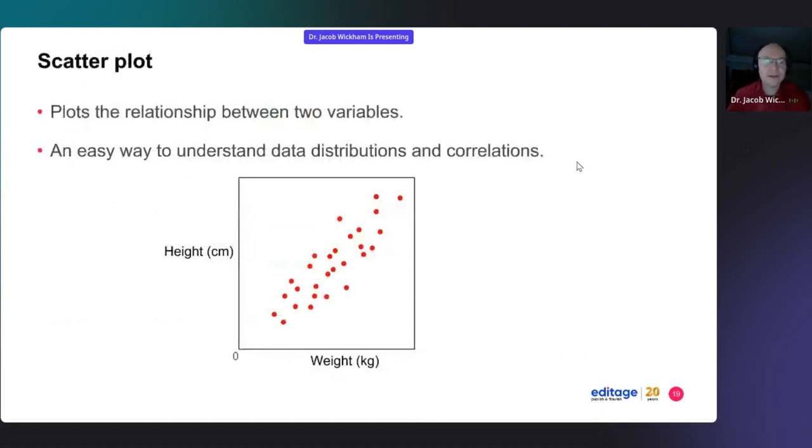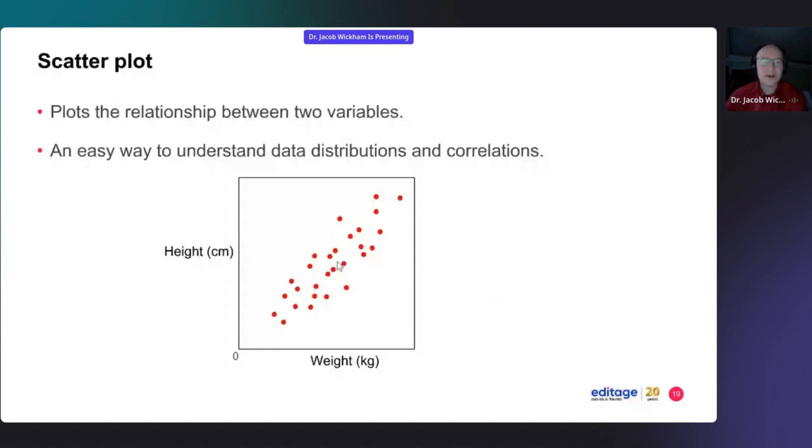A scatter plot is another useful way to visualize your data when you're exploring your data before you do formal statistical tests. And this is an easy way to understand data distributions and correlations. So this is used frequently. Often you can add a trend line, or you can do a linear regression analysis, and you get an R-square value.